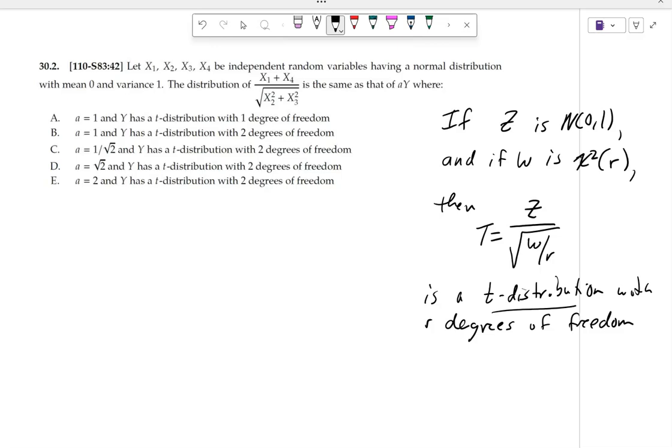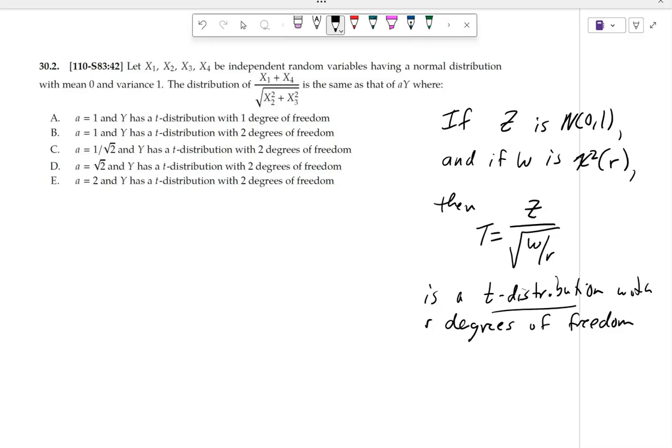So typically we're doing random samples and making means, right? If the underlying distribution is standard normal, then really what I have here is a mean on top that I'm interested in, that I've standardized. And then on bottom, I've got the square root of a chi-squared over the degrees of freedom.